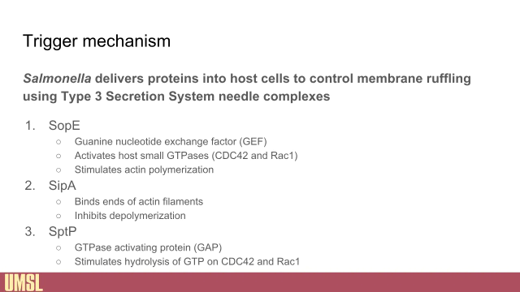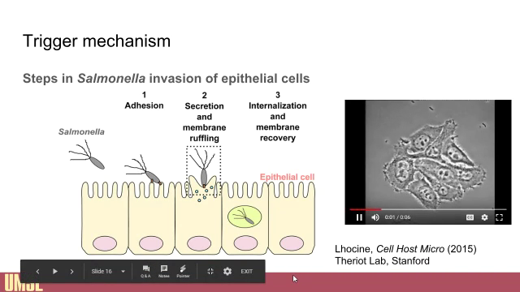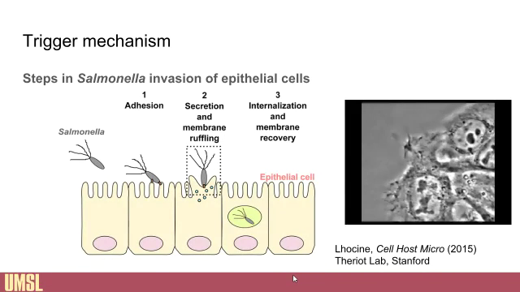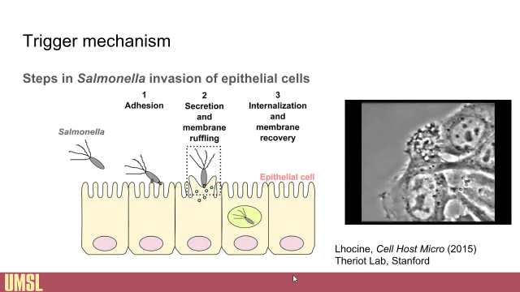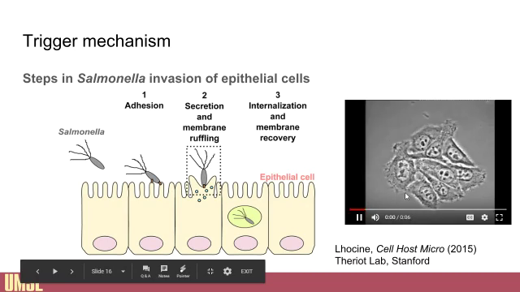Okay, so I talked about these effector proteins. They get secreted from the bacterial cytoplasm into the host cytoplasm. I'm going to give you some examples here, and a pictorial description. I have a video. It didn't show. So what's going on in this little movie is this idea of membrane ruffling.